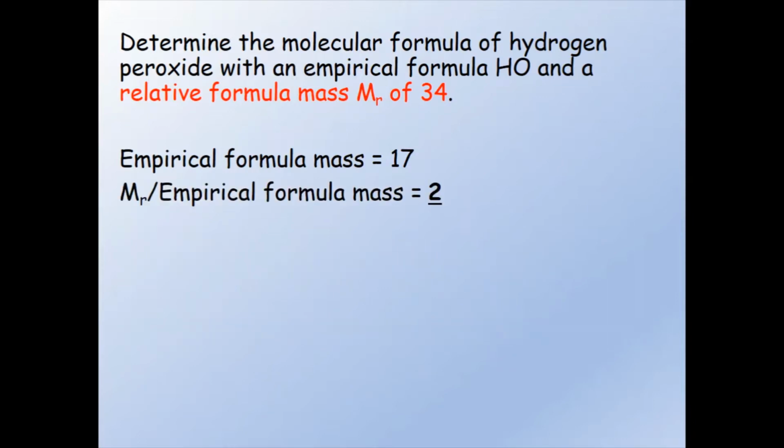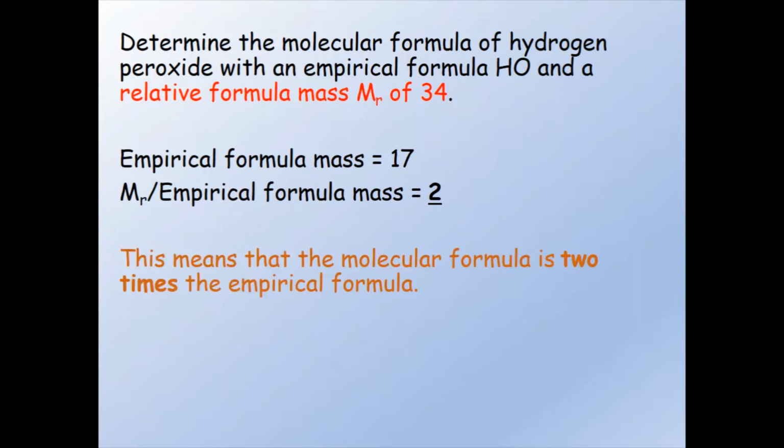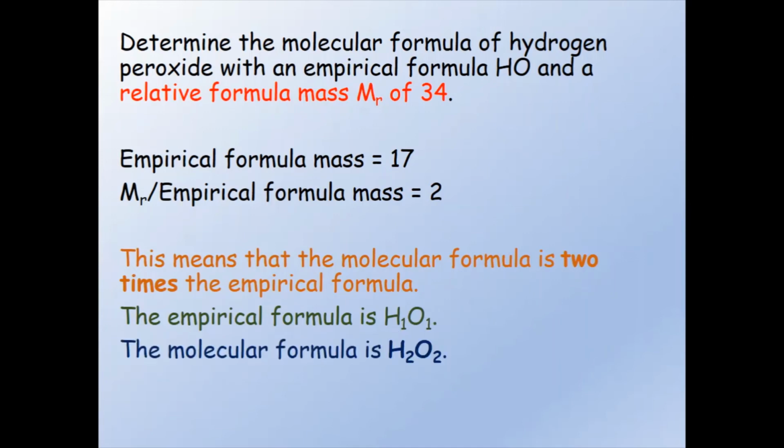So the ratio of these two is 2, and this means that the molecular formula is 2 times the empirical formula. So again, the empirical formula is HO, but we have to remember that if we don't write a number, it's actually a 1, and we now have to times the numbers in this empirical formula by 2 to get the molecular formula, and the molecular formula is H2O2.